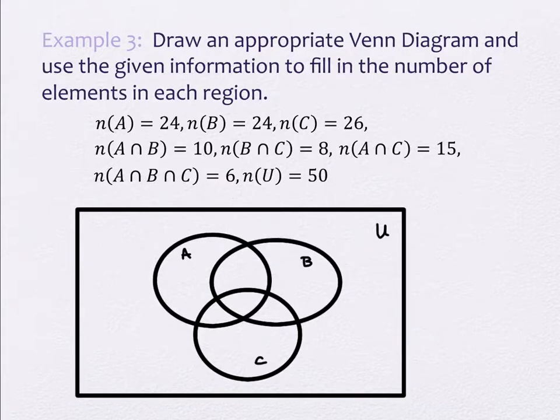So for example, the first piece of information says n of A equals 24. What that means is that all of the regions where A is combined equal 24.